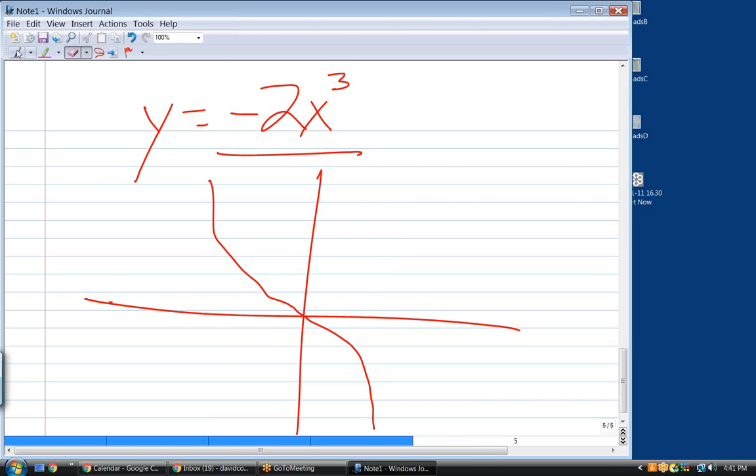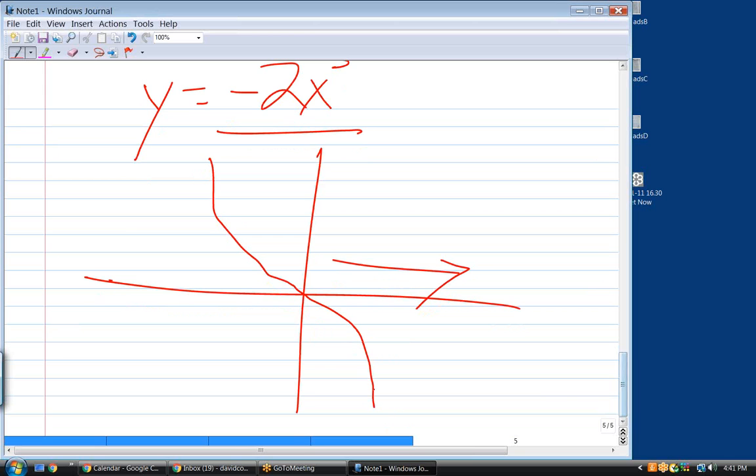Now you can see that as I go in this direction, as x goes to positive infinity, y goes to negative infinity. If you can't see that, tell me, because that's a really important concept to understand. And if we go in this direction, what happens to y? Goes to positive infinity. Exactly.